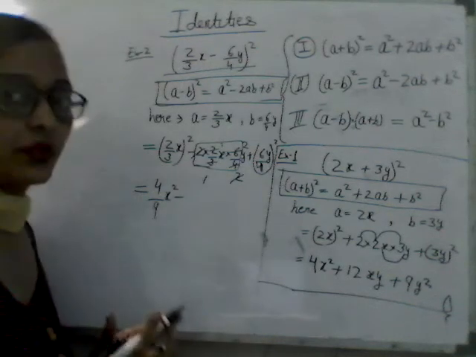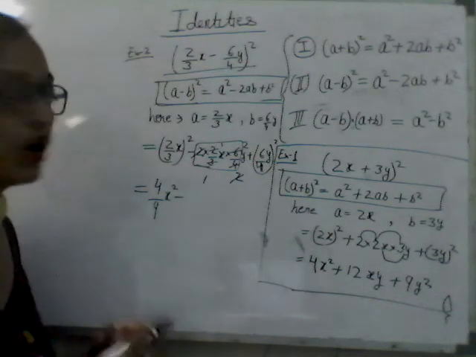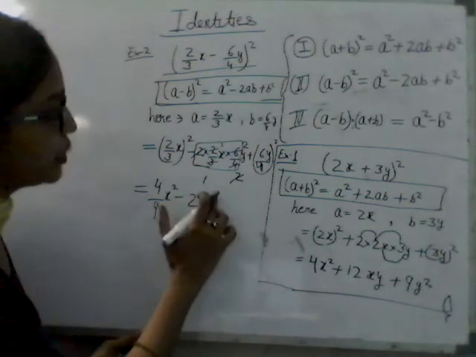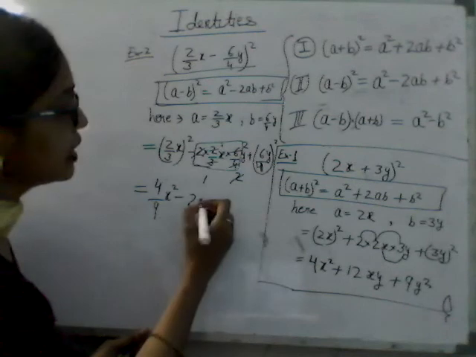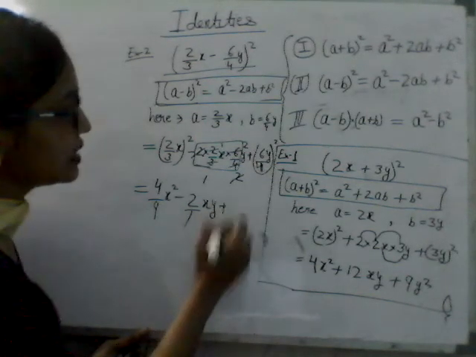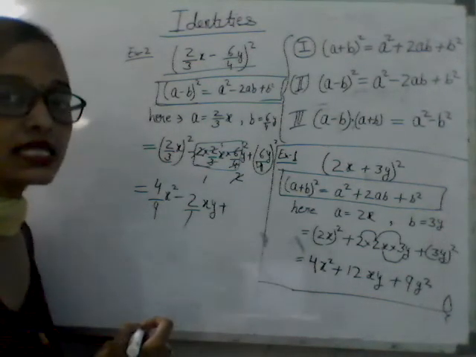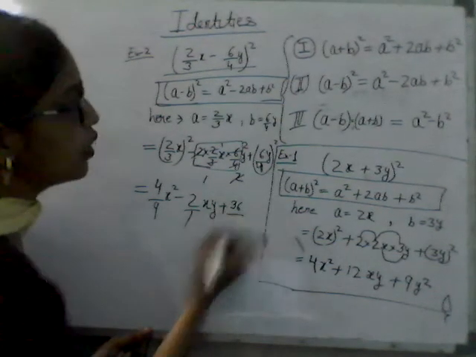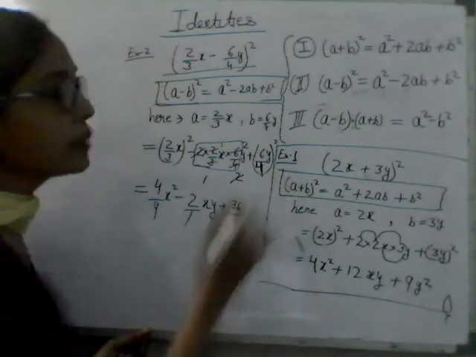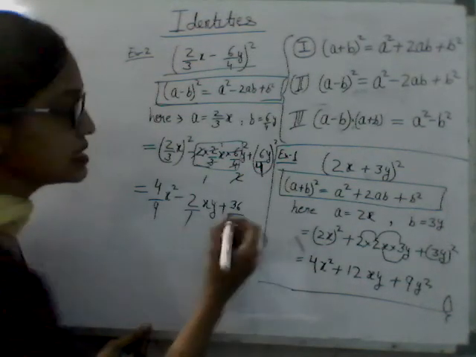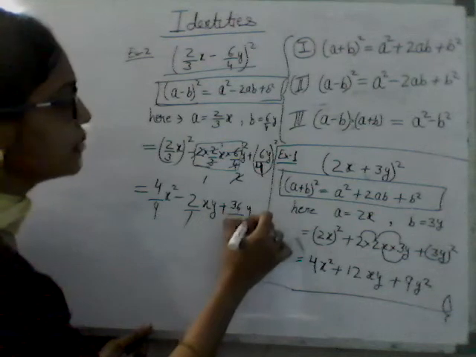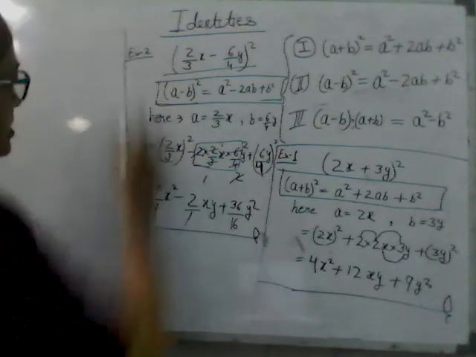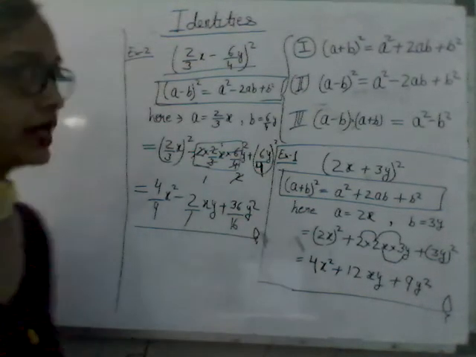Now we multiply the numerators and the denominators, so it becomes 2 upon 1 into x and y, plus 6 square, that means 36, upon 4 square, that means 16, y square. So we can find the expression by using this property.